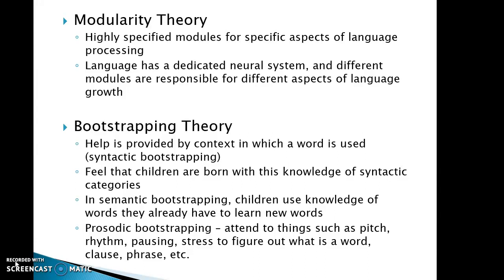The theory is that language has a dedicated neural system, so there are components of our brain that are just dedicated to learning language, and different modules are responsible for different aspects of language growth. Those modules interact at higher levels of language, but at lower levels they reflect information in just those different components of language.